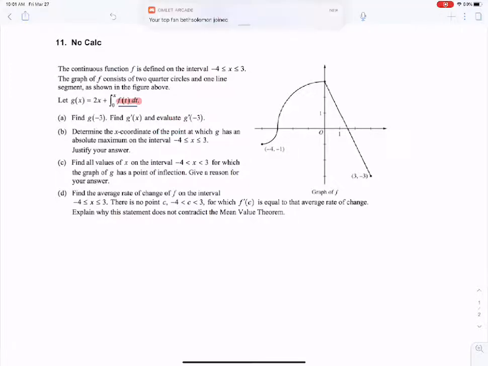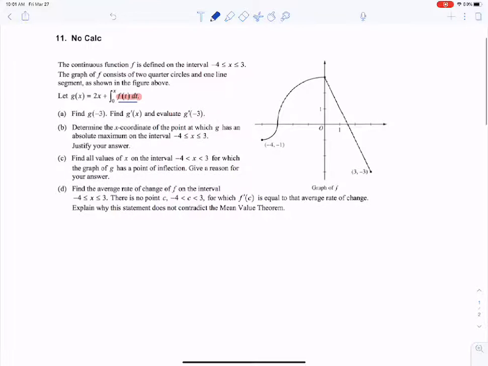The first thing we're asked to do is find g of -3. In other words, wherever I have x, I'm going to plug in -3. So this becomes 2 times -3 plus the integral from 0 to -3 of f of t dt.